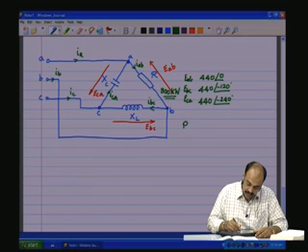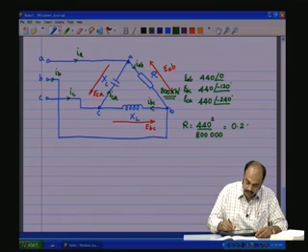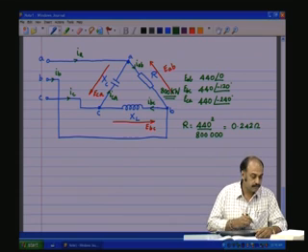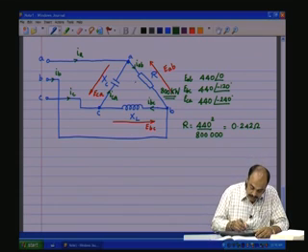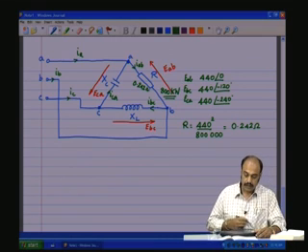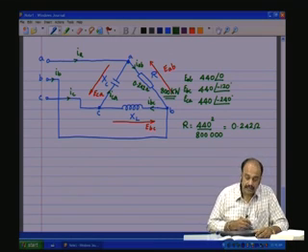So, then R would be 440 square by 800 kilowatts, which is 0.242 ohms. And now, what should be the value of XL and XC?